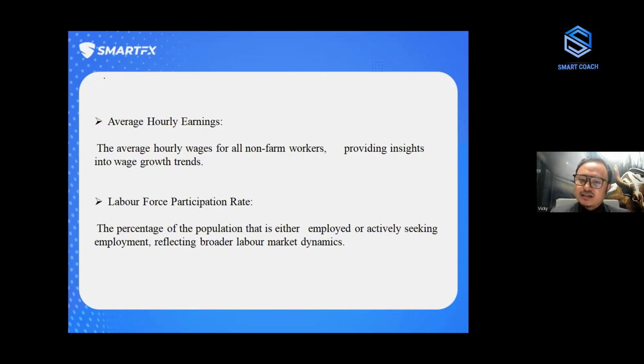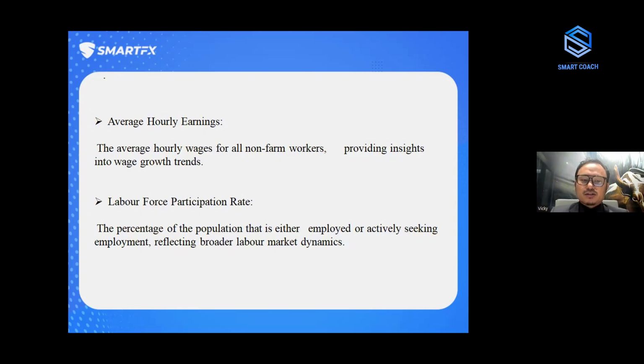However, if they are paid less, they don't have the capacity to invest or spend money in the economy, and thus the economy shrinks. Okay, so this is the reason why average hourly earnings is important. If they are paid more, they can spend more, and they can contribute to the economy. Okay, I hope everything is clear so far.